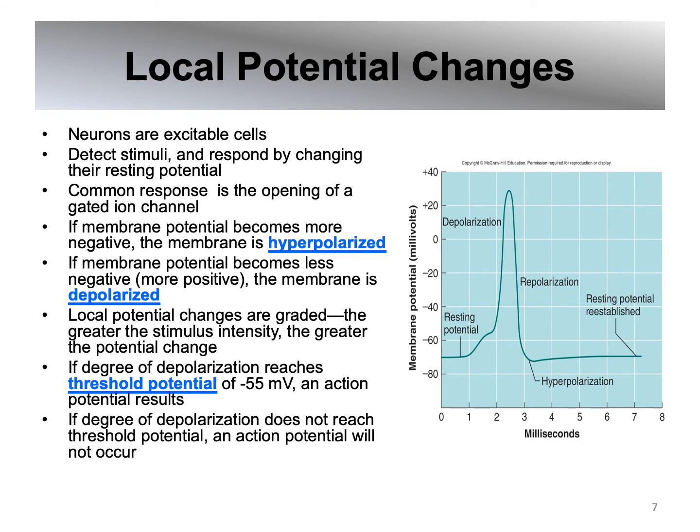If the stimulus comes but cannot reach and exceed the threshold potential, there will be no response. We call this all or none response. If the potential reaches and exceeds minus 55 millivolt, you will have the exact same response. If the degree of depolarization does not reach the threshold potential, the minus 55, an action potential will not happen.